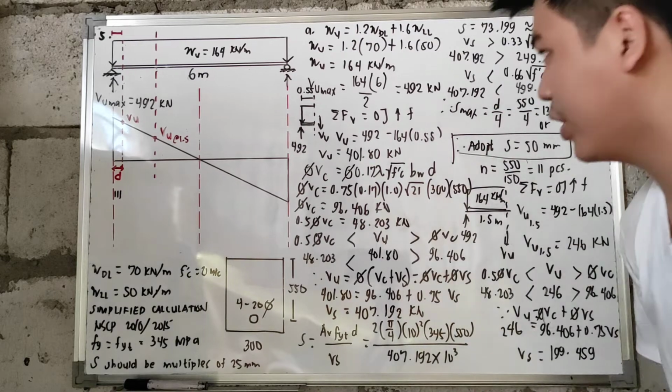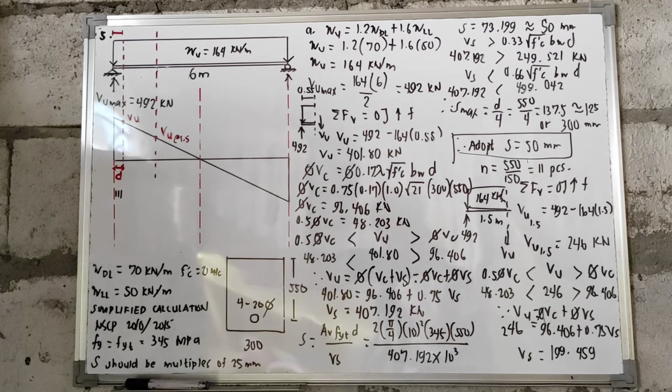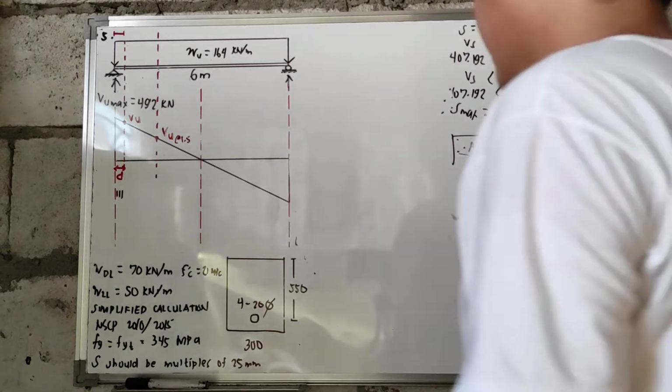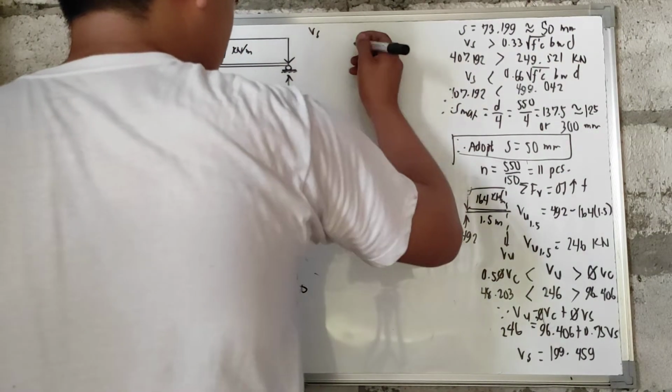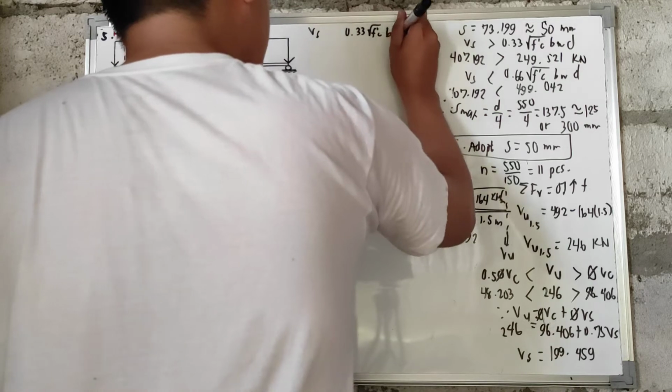199.459. And after that, kapag nakuha natin yung V sub S natin, kunin natin yung spacing. And after natin makuha yung spacing, i-compare natin yan to the S max. So let us now calculate for the value of your spacing. So i-compare natin yung V sub S natin to the value ng 0.33 square root of F prime C times VWD.